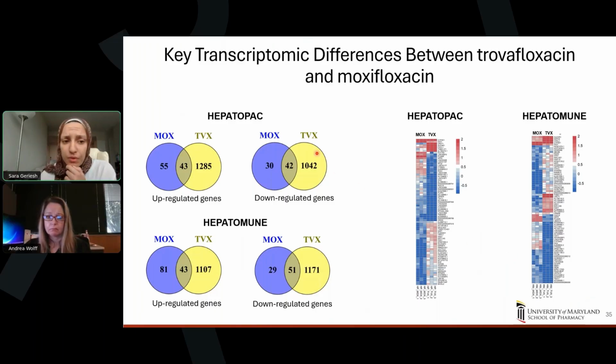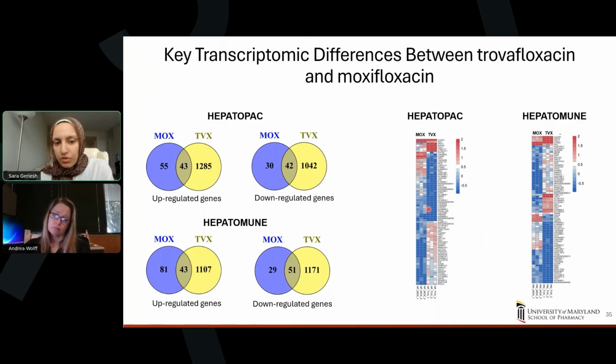So here I'm showing that trovafloxacin has induced much greater changes compared to moxifloxacin on the gene expression level, either for upregulated genes or downregulated genes. Also, comparing HEPATOPAC to HEPATOMUNE, there are much bigger changes in the trovafloxacin group compared to moxifloxacin.